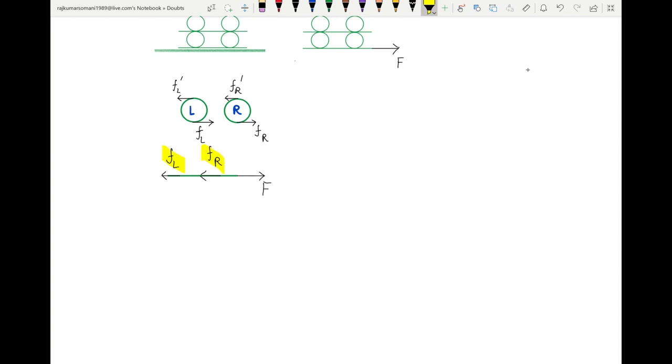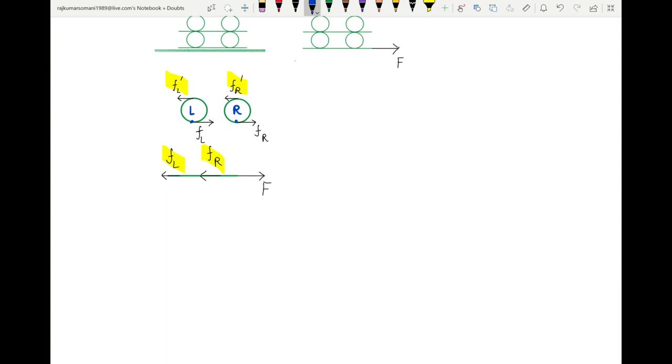Similarly, FL dash and FR dash be the friction forces between the cylinders and the next plank. Let's try to find out the relation between FL and FR. We know that the acceleration of the bottommost point of both cylinders has to be the same because both of them are in contact with one plank.